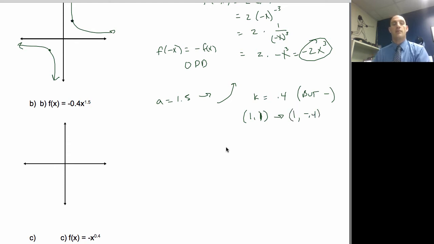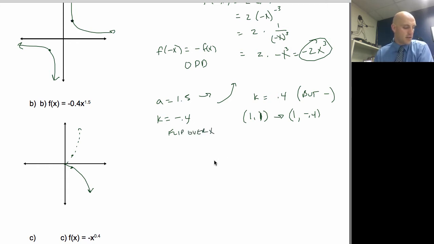Because it's multiplied by k. So instead of going through 1, 1, it's actually going to go through 1, comma, negative 0.4, and it's going to look like this. Okay? And so k was negative 0.4, which means flip over x.